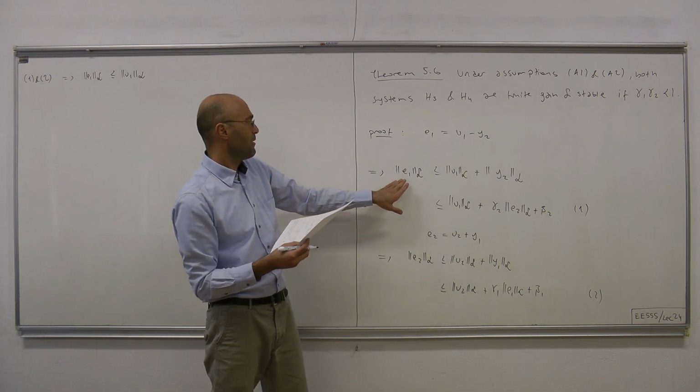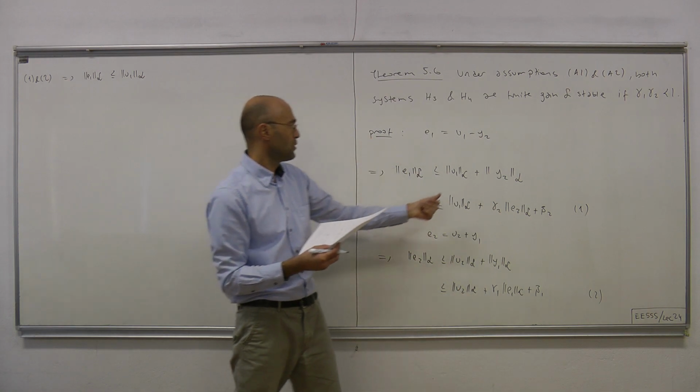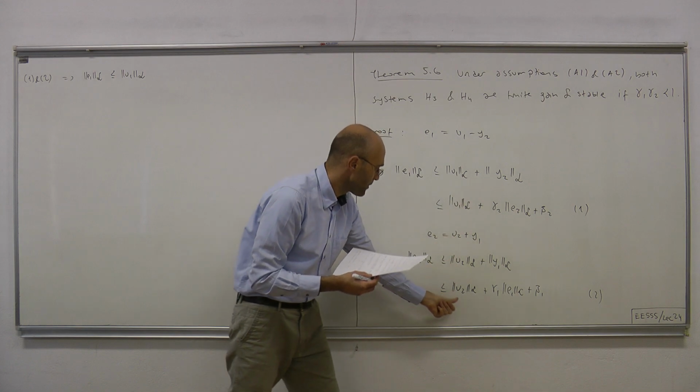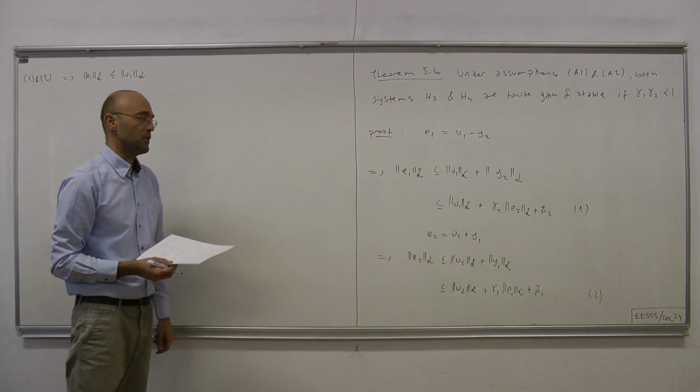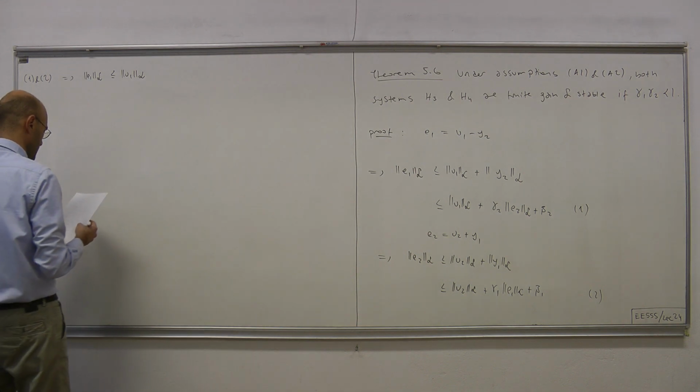So therefore we have the L norm of E1 is less than or equal to this term plus gamma 1 times the L norm of, again, E1 itself plus beta 1.